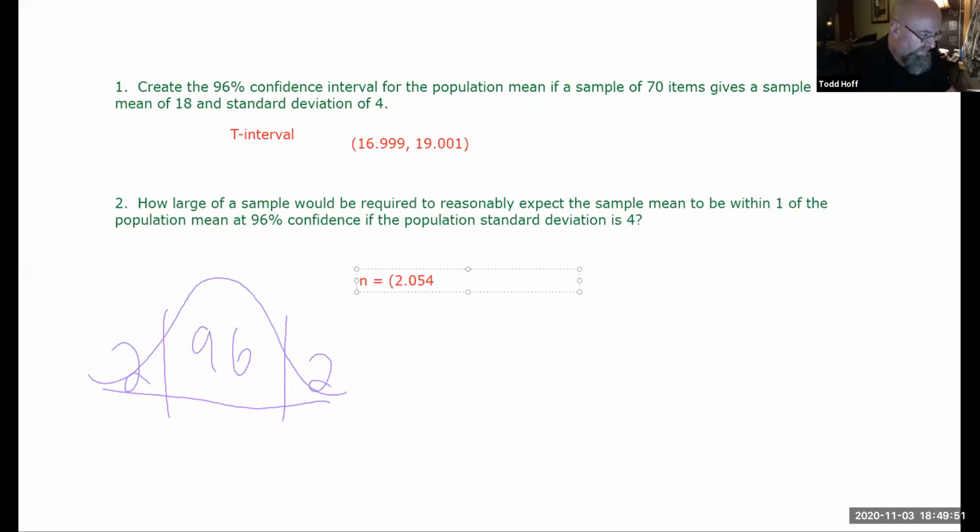So it's 2.054 times that standard deviation of 4 divided by standard error of 1. And I'm just going to do that off camera. Giving me 67.5. So N equals a minimum of 68 is our minimum sample size.